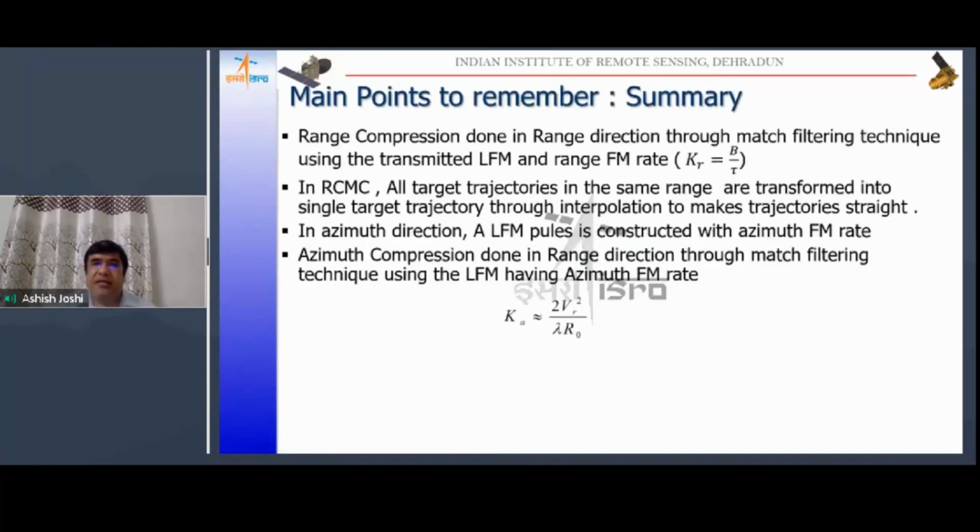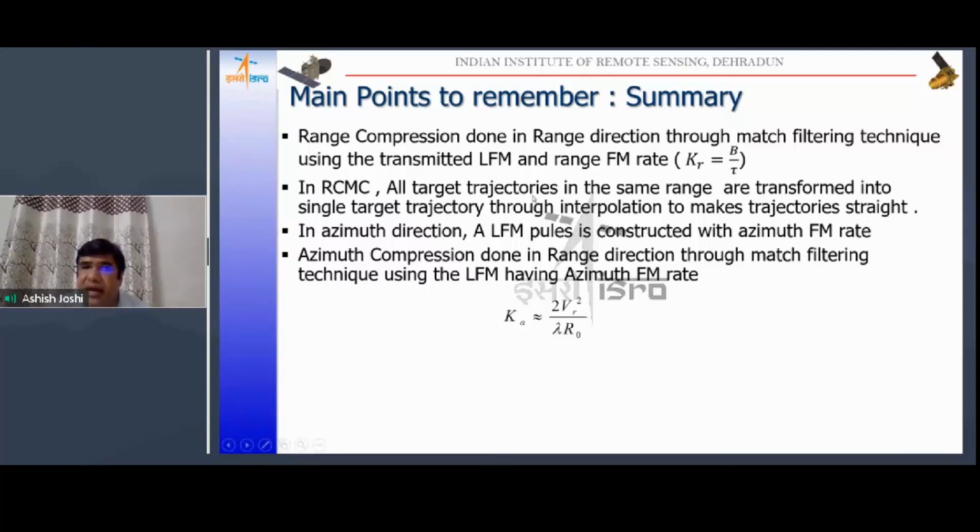So what are the main points to remember? Range compression is done in the range direction through the matched filtering technique using the transmitted LFM and range FM rate. So first we have to make the transmitted LFM, and the range FM rate is given by B by tau. In range cell migration correction, all target trajectories in the same range are transformed into the single target trajectory through the interpolation to make the trajectory straight.